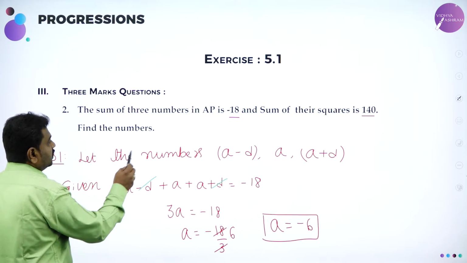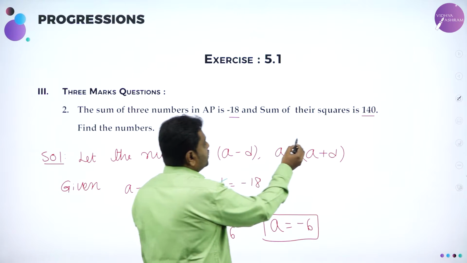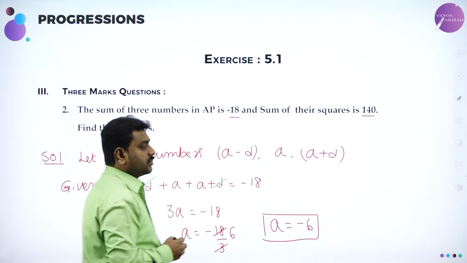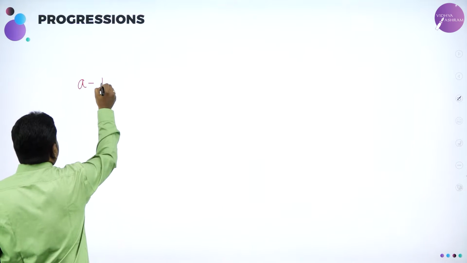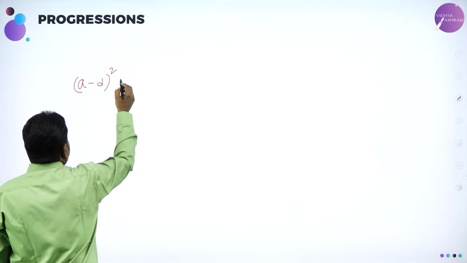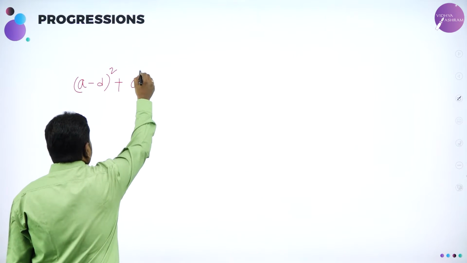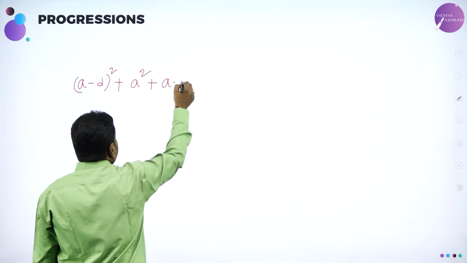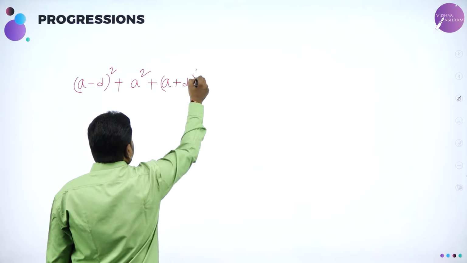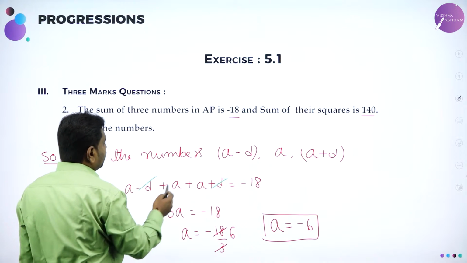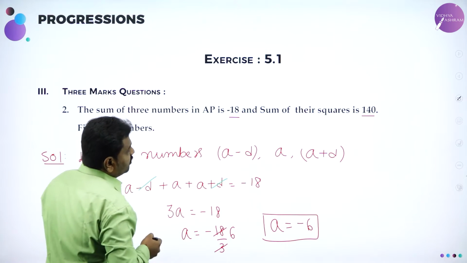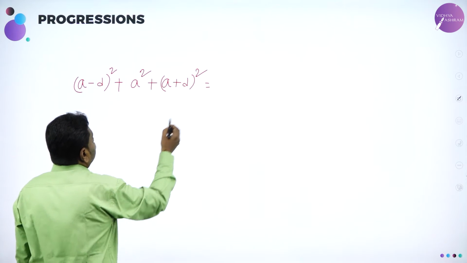And they told the sum of their squares is 140. So again they gave A minus D whole square plus A square plus A plus D whole square. Sum of their squares. Sum means what? Addition. Squares means whole square. So the sum of their squares is 140.